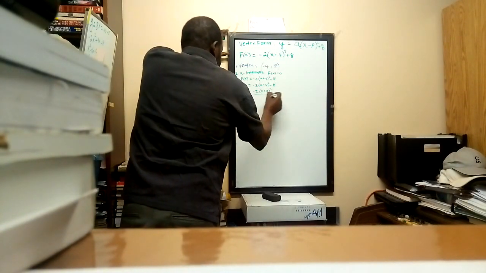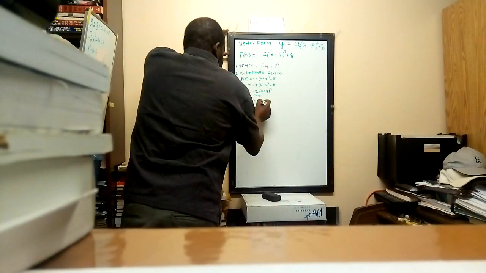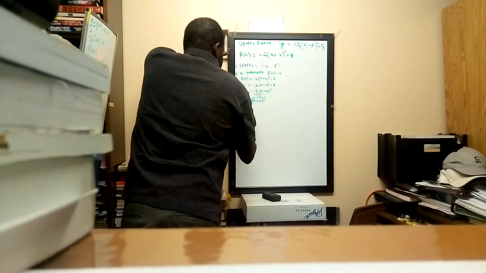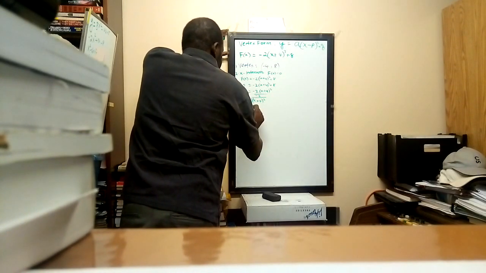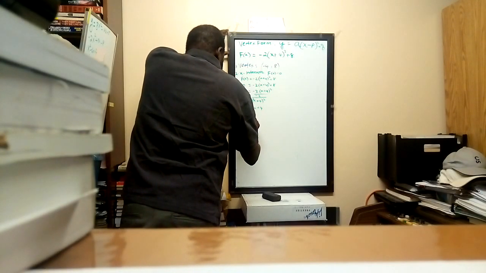We divide both sides by -2. We'll have 4 equal (x plus 4) squared. We take the root of both sides. We would have plus or minus 2, because the root of 4 is 2, equal x plus 4. Now we solve for x.